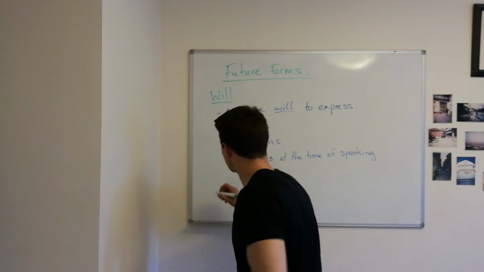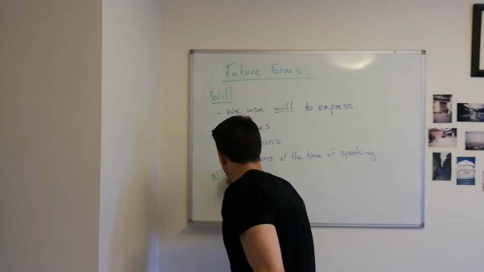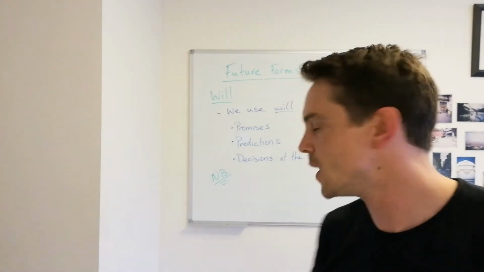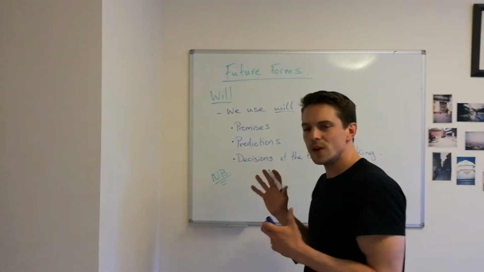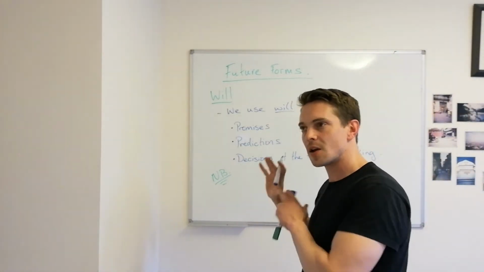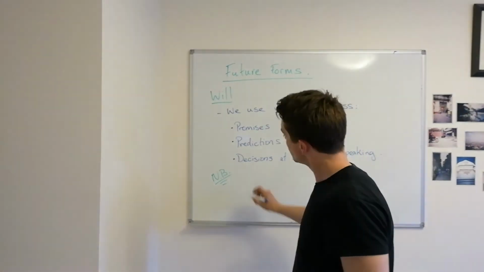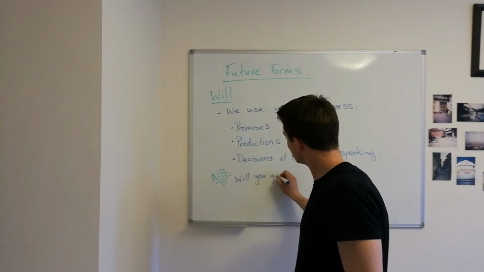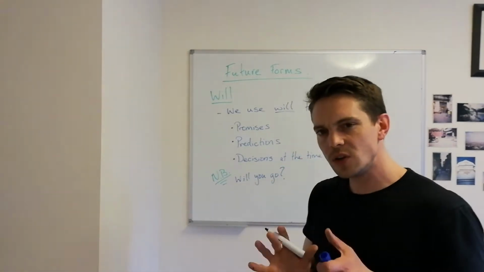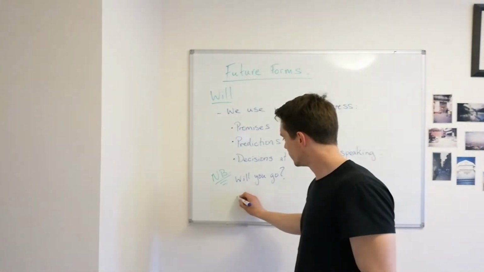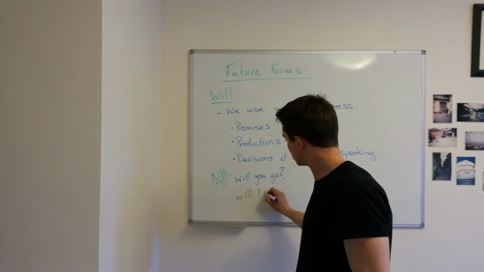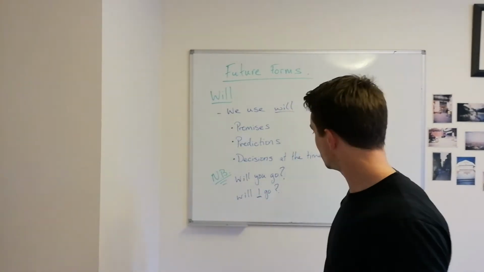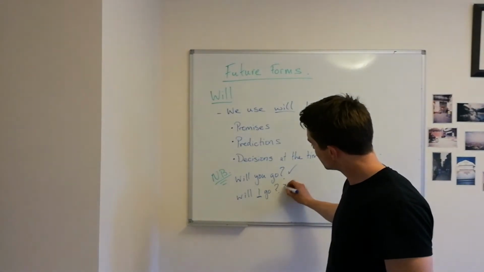Now, just a little important note with will. When we use will in the question form, we can say, will you go? But we don't usually say, will I go? So, with I, we don't usually do that. So this one is correct, this one is wrong.